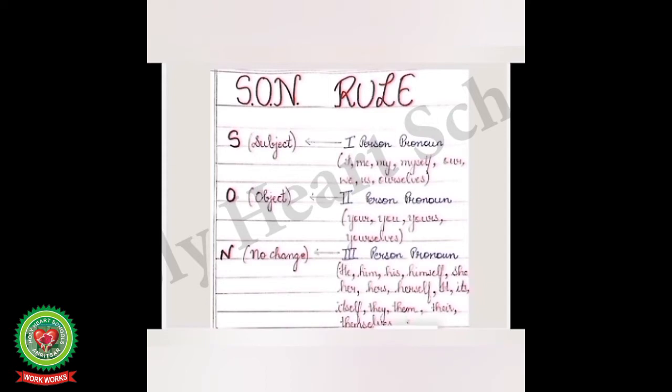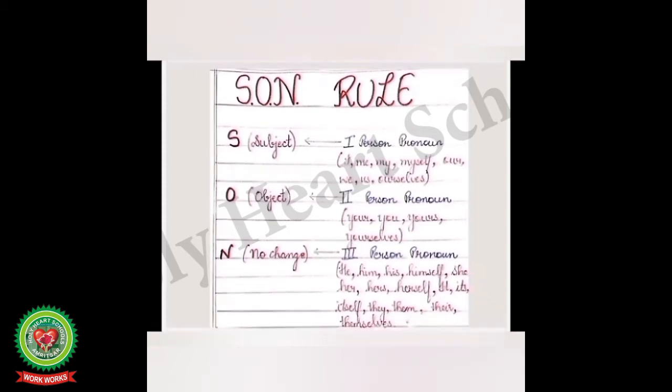O refers to object. A second person pronoun changes according to the object. For example, if these words are there, you, your, yours, yourselves, these words will change according to the object.